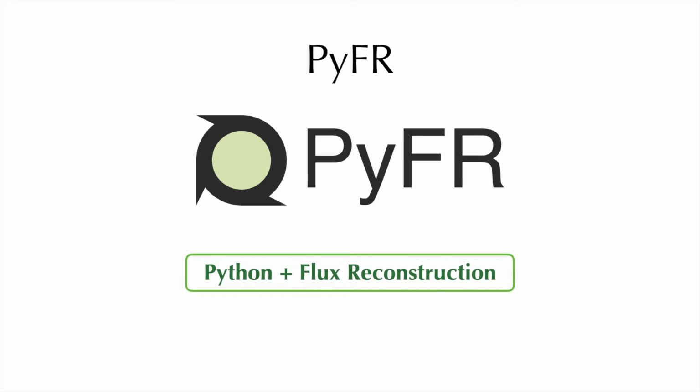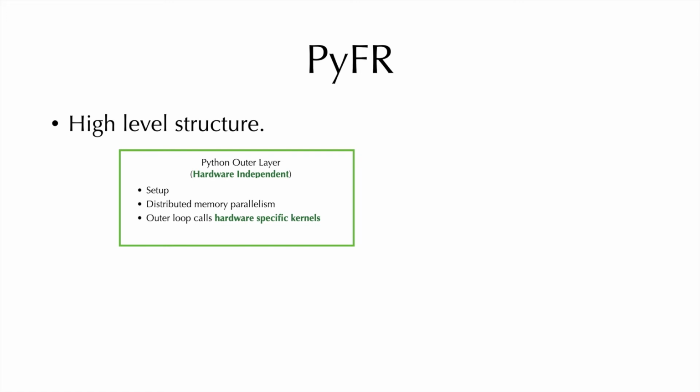The way we accomplish this is roughly as follows. The high-level structure of PyFR is arranged so that the Python code is responsible for setting up the problem, so reading in the mesh, handling distributed memory parallelism with MPI, and then invoking calls to lower-level hardware-specific kernels which do the actual work.